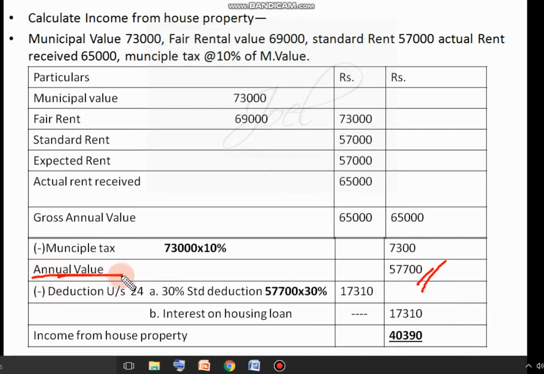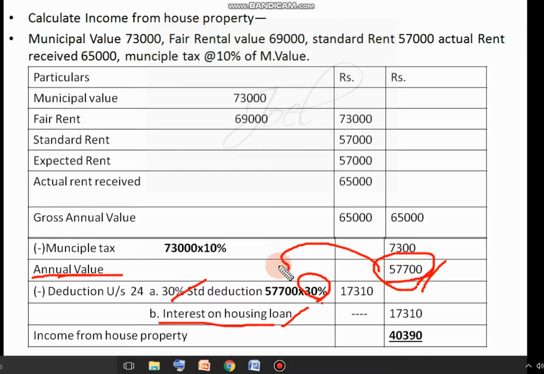Now two deductions are there from annual value: 30% standard deduction and interest on housing loan. This 30% is levied on the annual value.